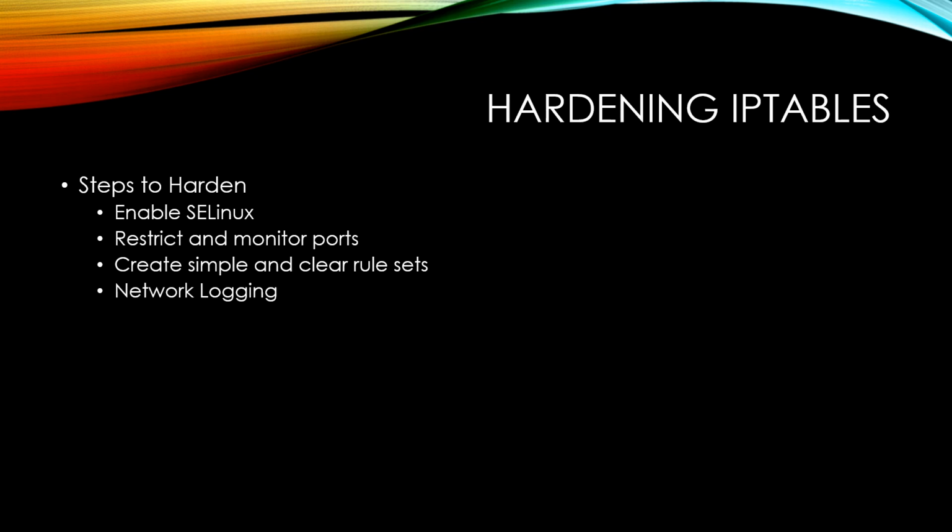Again, restricting and monitoring ports is important, even in IP tables, because this is a way to ensure that no unknown entry points into your system are left open and can be exploited by attackers.